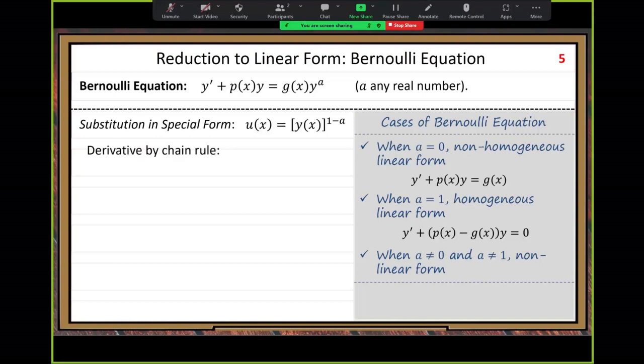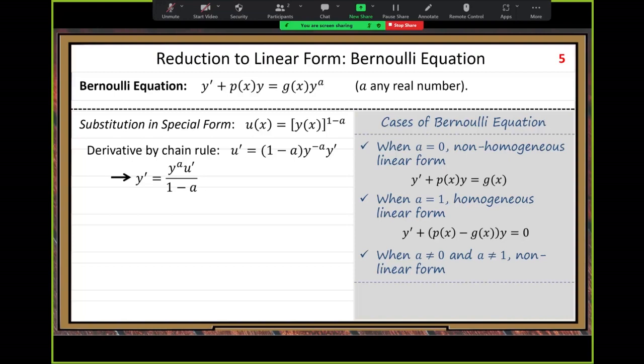Derivative by chain rule: let's calculate u prime, which equals (1 minus a) times y to the negative a times y prime. Because we want to write a y prime expression, y prime equals y to the a times u prime over (1 minus a).